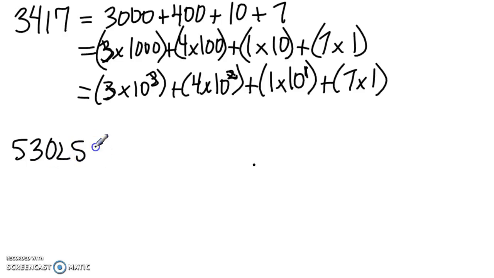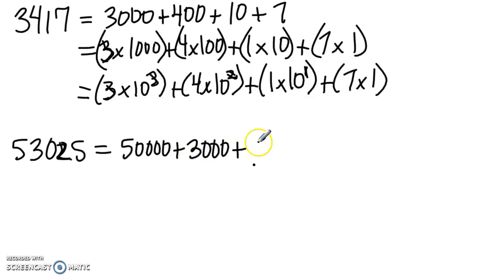Let's go 53,025. So I added a little trick in here. I don't know if you see it. Okay, so we've got 50,000 plus 3,000 plus, well, there's nothing there in the hundreds spot. Let's just put a 0, but we're gonna cancel that out. We're not gonna write it on the next step. Okay, so that's gone.